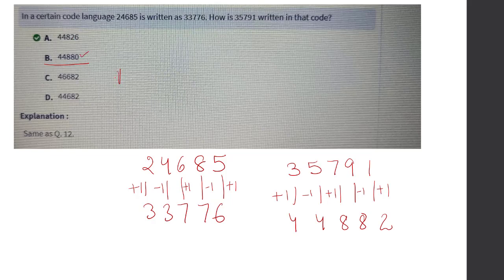Had it been 44882, then this could have been answered, but I guess there's some problem with the options. So whosoever has sent this doubt, please cross check from where you have taken this question, because this question is very simple. Plus 1 minus 1 plus 1 minus 1 and plus 1. That's been done alternately, and the options are not given properly.